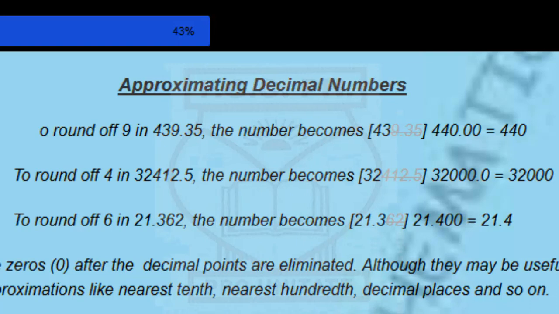If you do the same thing to 32412.5 and you round off 4, you'll get to round down 4, so you have 32412.5 becoming 32000.0.